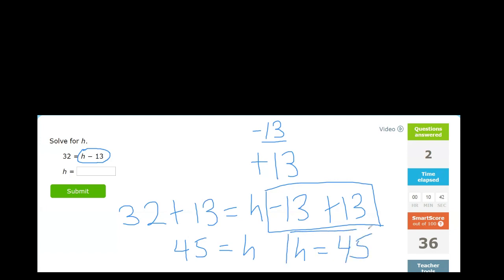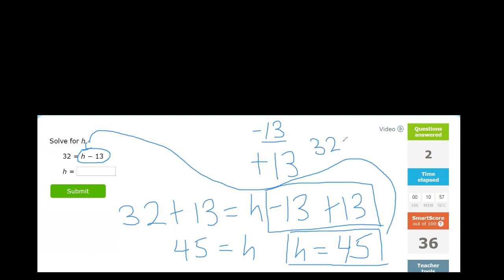And again, we can plug this back into our original equation and check. 45 minus 13 is indeed 32.